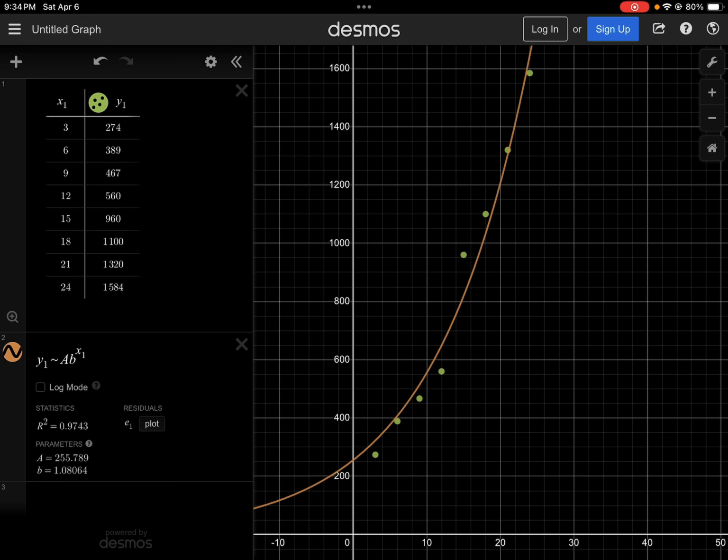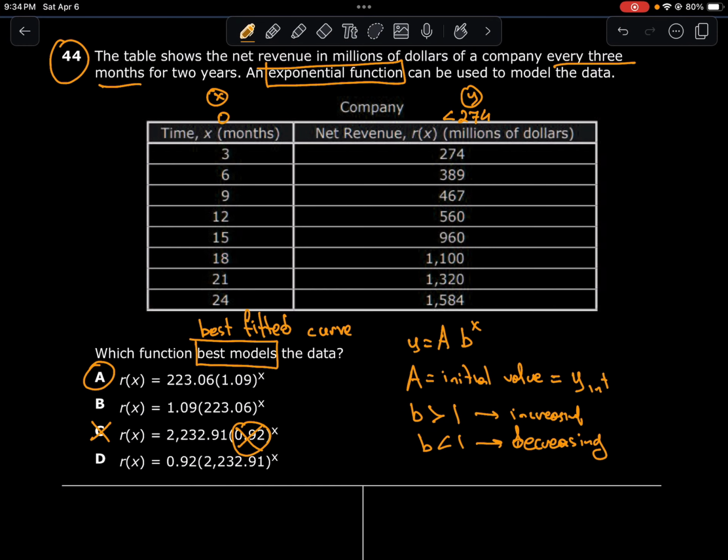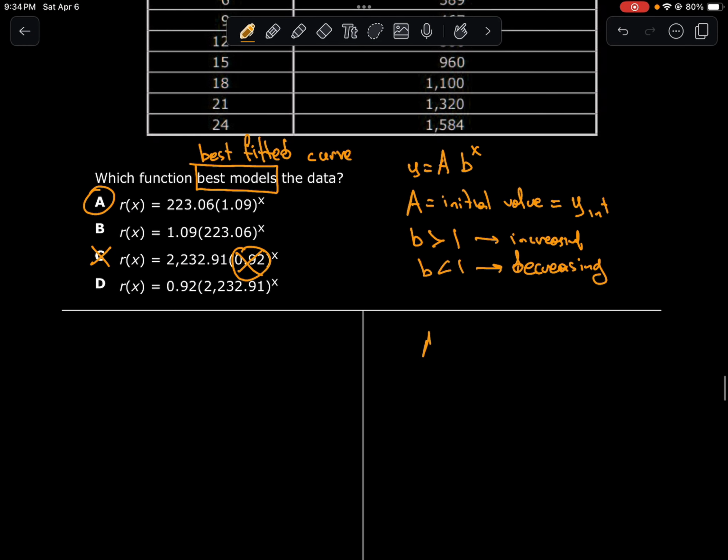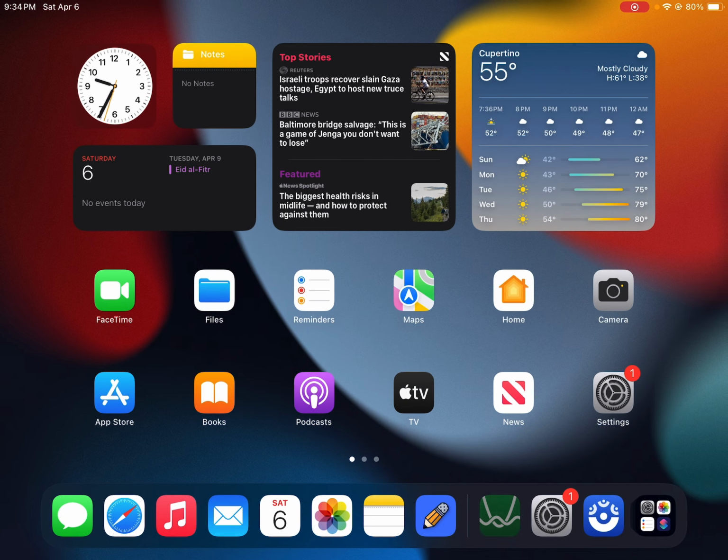All right, so just let's see what we got. 255.789. Okay, so we have A is 255.789. Looks good. It's a little less than 275.